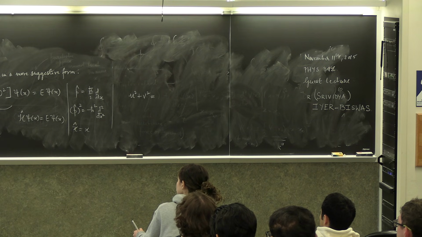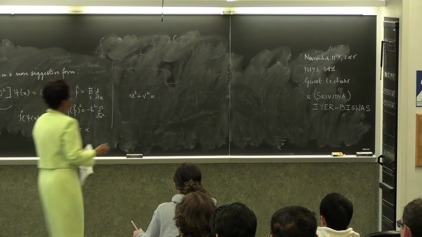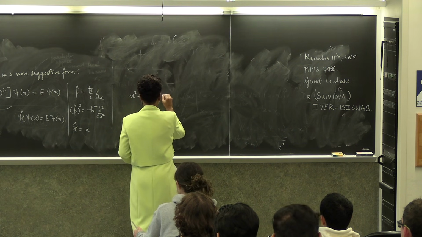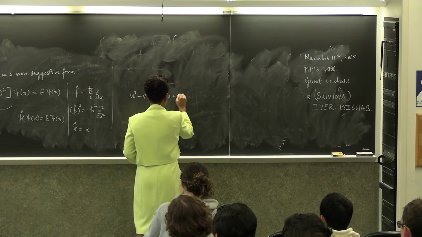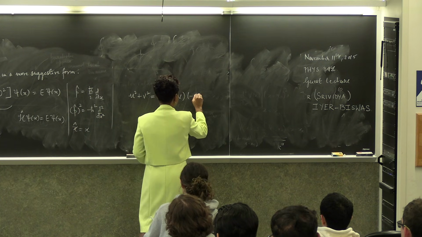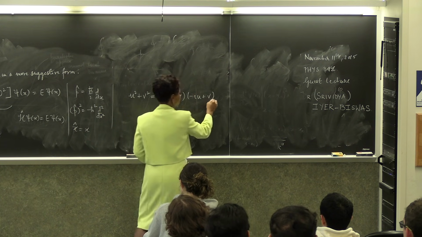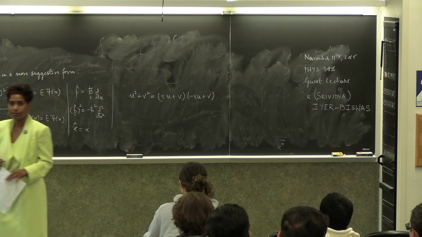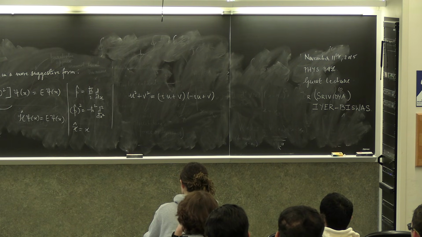Yeah, that is correct, but I just want to write it slightly differently, as iu plus v times minus iu plus v, which is also equally valid, right? Everybody with me on factorizing this?